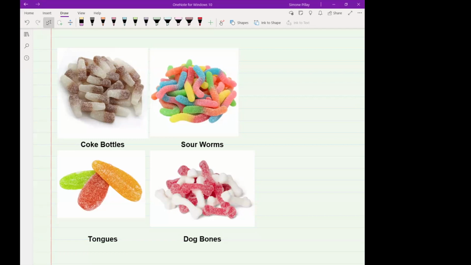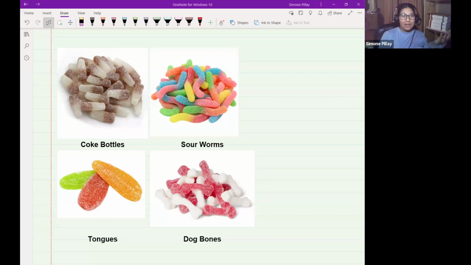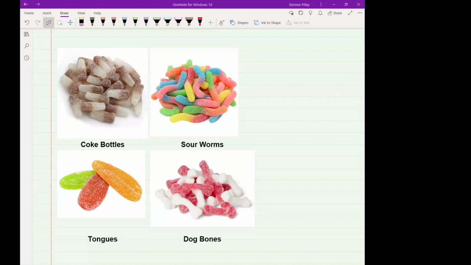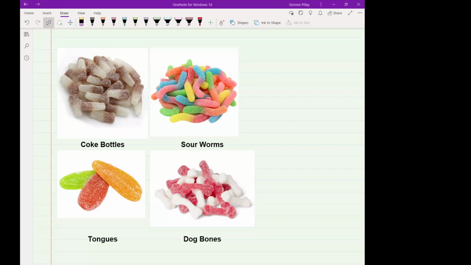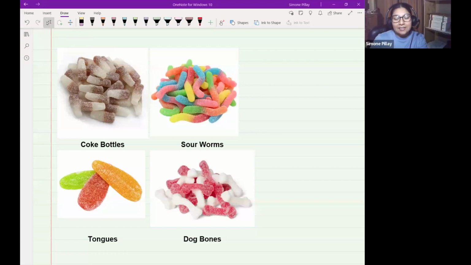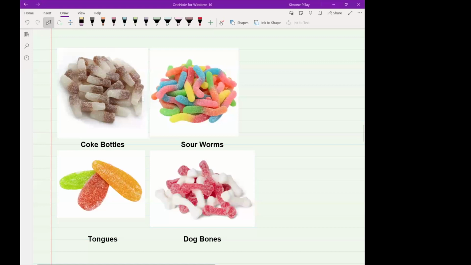I never used to buy tongues at the tuck shop because tongues were always more expensive than the other sweets, like the Coke bottles. Thank you, Rory-san. Yeah, I agree with you, Rory-san. Well, I don't agree with getting rid of all of them, but I agree that tongues are good.